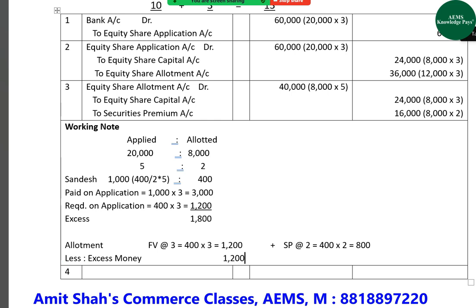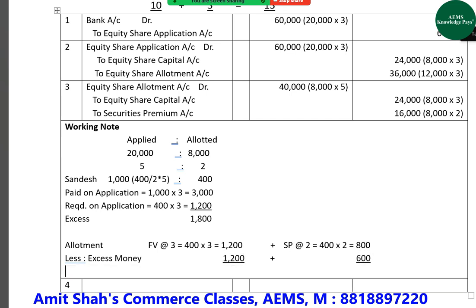Here, however, we require only 1200. So out of 1800, 1200 would be adjusted here, and the remaining 600 would be adjusted towards premium. So the net amount required from Sandesh on allotment by the company is 0 plus 200. That is 200, and this is what he has not paid.